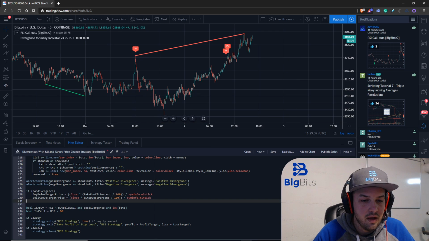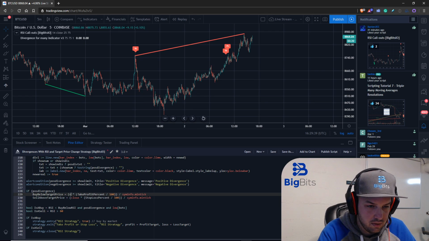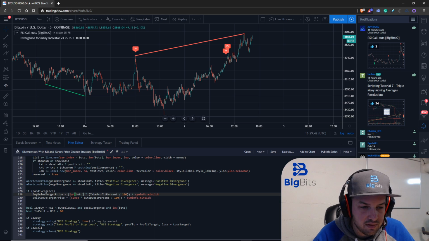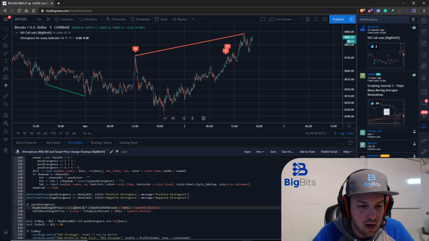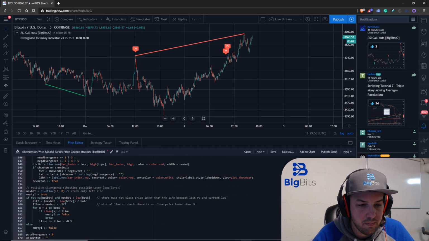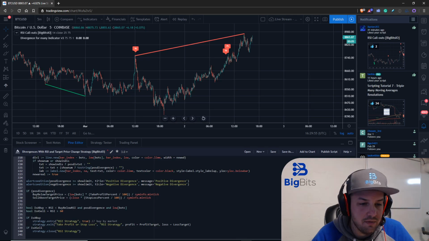I hold the control key down to copy and paste some stuff, and sometimes it does that. So we're going to have to use the high of the top channel on that one, I believe. Yep. So with the sell above, we'll have to use that up here.